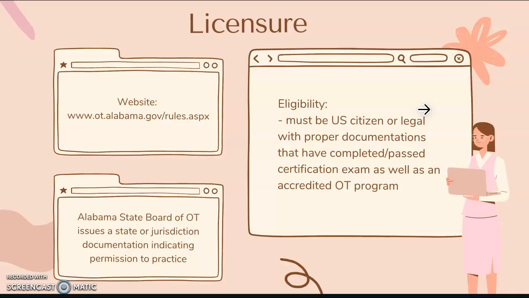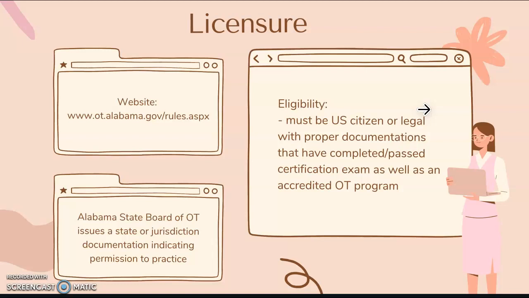So we move on to the license. I got all this information, and you can get the same information off of www.ot.alabama.gov/rules.aspx, right there on the PowerPoint. The Alabama State Board of OT issues a state or jurisdiction documentation indicating permission to practice.